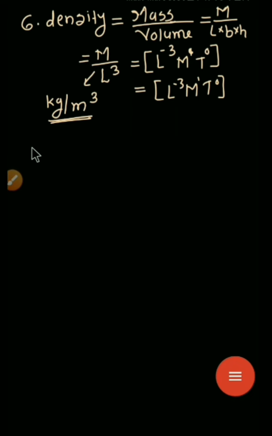Next quantity we'll take, that is velocity. अभी velocity क्या होती है?